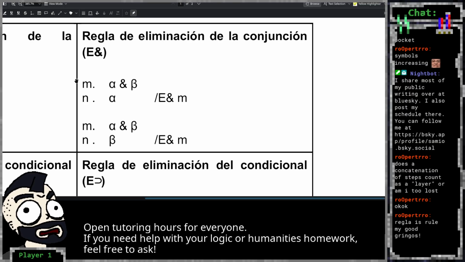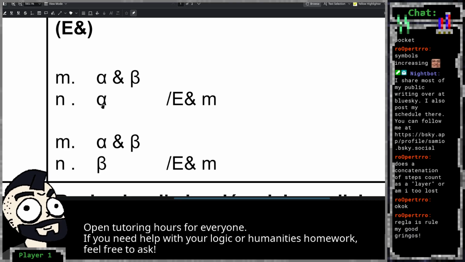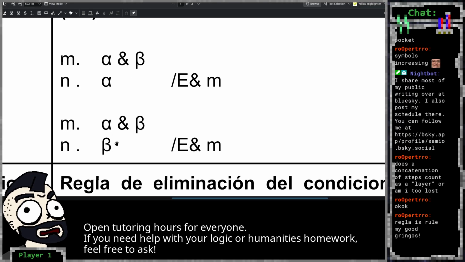Okay, and the rule of conjunction elimination is also very simple. If we have proven that A and B, well, that means that I can extract A or I could extract B from A and B. If two things are true, then I should be able to say, okay, the first one or the second one.